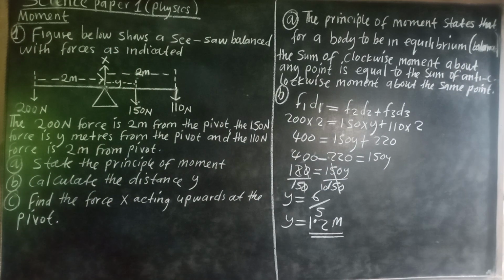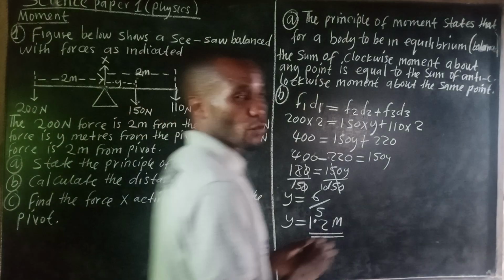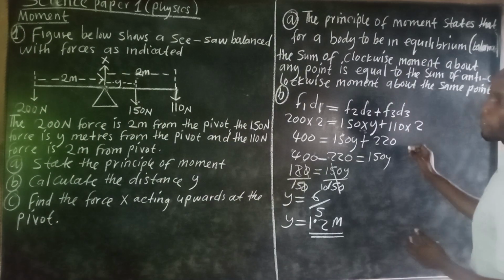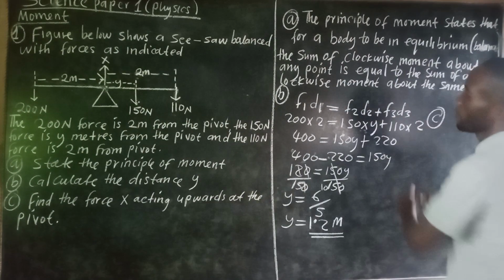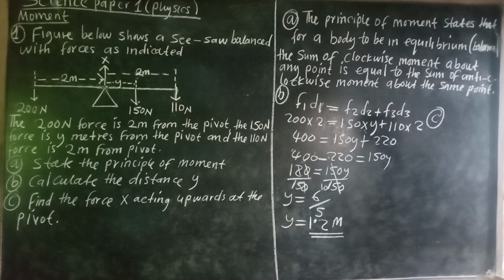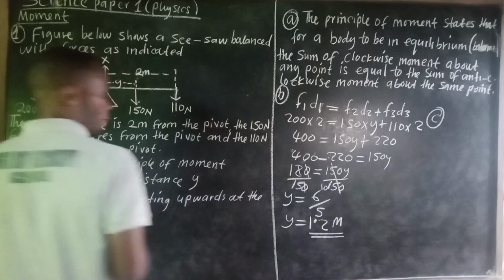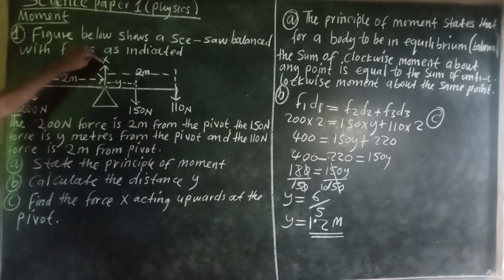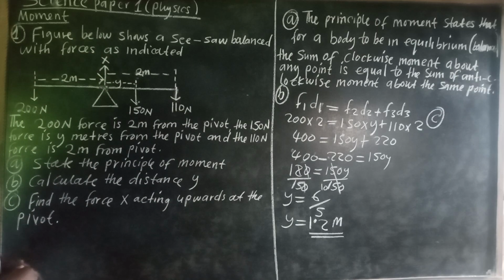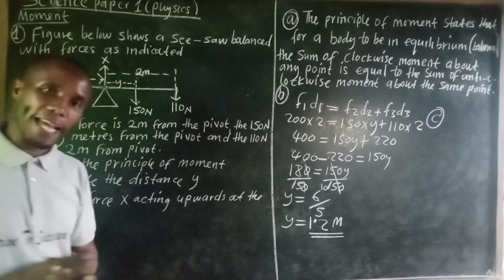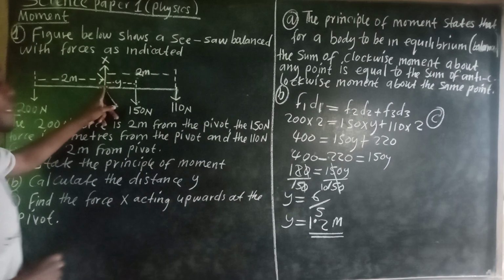So quickly now, we can go to the last question, which is C. The question says, find the force X acting upward at the pivot. The force they are talking about is this one. When we talk of moment here, it is 0 because the distance is just 0.